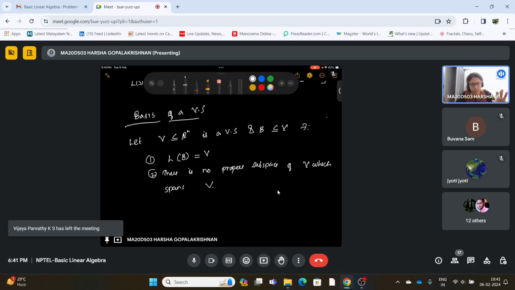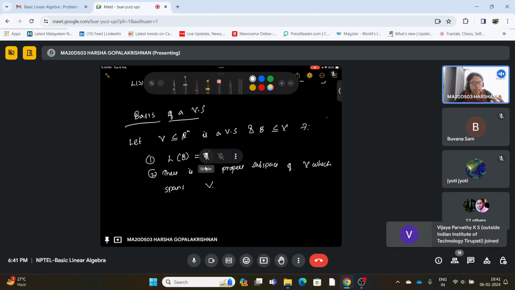If we have a vector space V and a subset B of V, and the set of all linear combinations of B is the same as V, and no proper subset of B spans the space V, then it is called a basis.